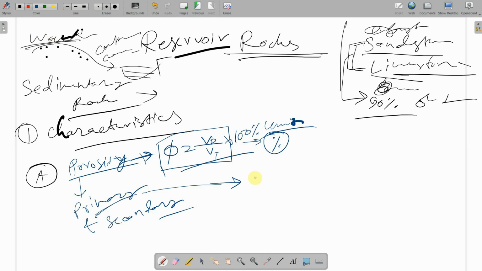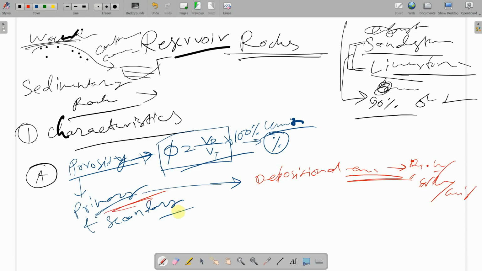First one is your depositional environment. What do you mean by depositional environment? It means the deposition of sediments is happening by, suppose, river water or by glacier or by air. Depending on the environment, the primary porosity will be defined.